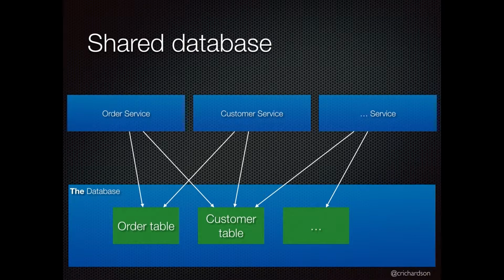Likewise, the customer service primarily updates the customer table, but if it wants to compute the available balance for a customer, then it queries the order table. So that's one strategy: sharing a database and accessing each other's data.